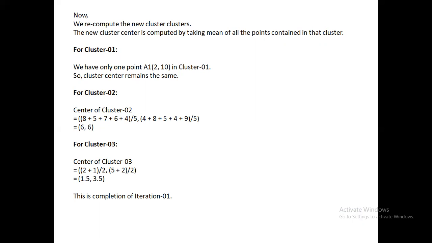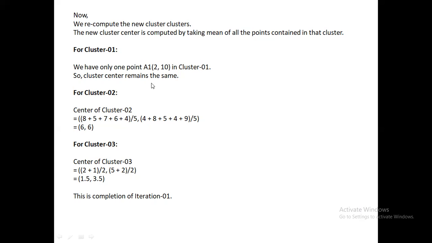For cluster 2, we take the mean of all the data points to calculate the center of cluster 2, and you will get (6, 6). Similarly, by taking the mean of all the points belonging to cluster 3, you will get (1.5, 3.5) for cluster 3. So this is the completion of iteration 1.